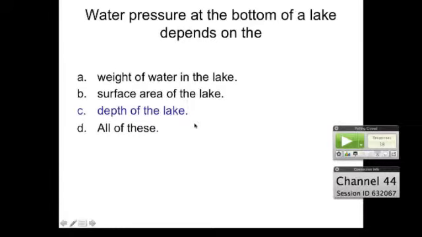It's only depth dependent. Doesn't care how much water's above it, volume. Just how far down you are. You can be the same depth in the ocean or a swimming pool. If you're at the same depth, it'll be the same pressure.